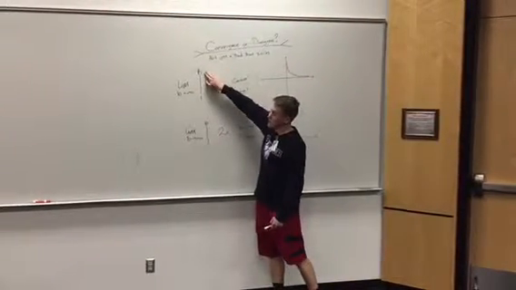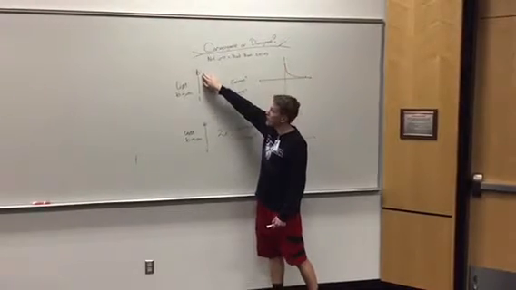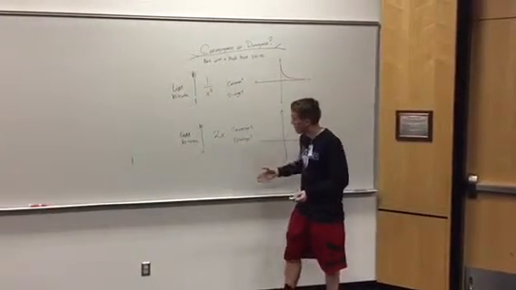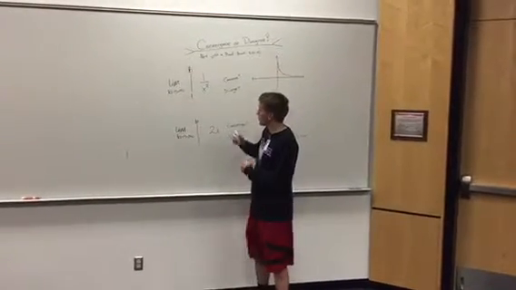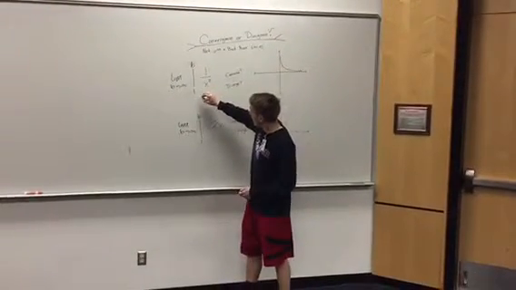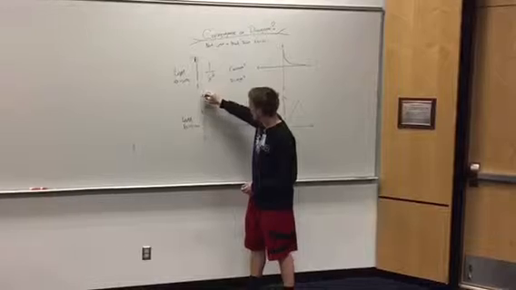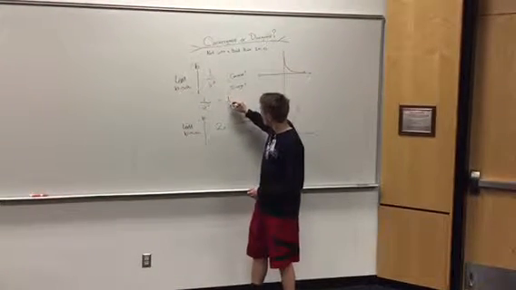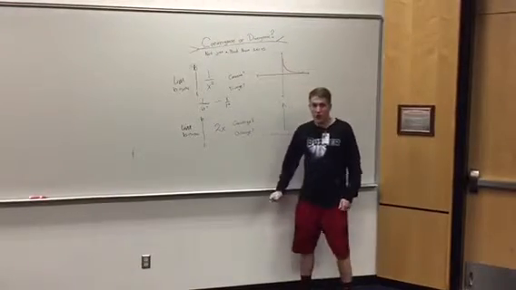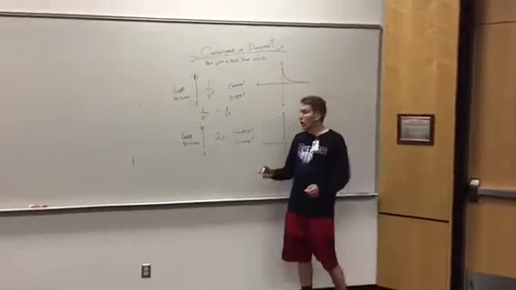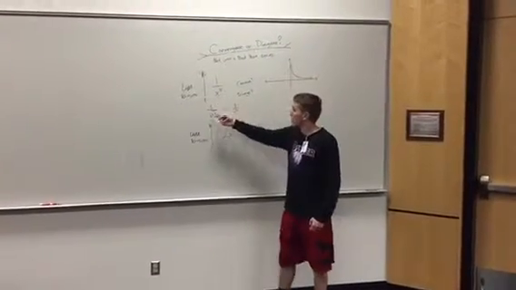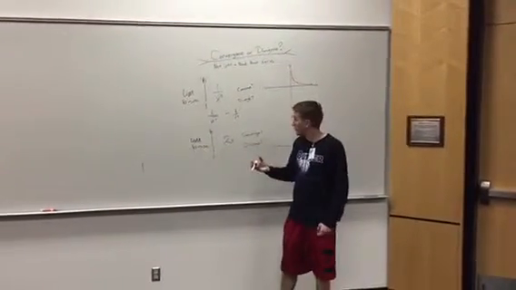You will not plug infinity back in for b, you will just treat b as an increasingly large number as we evaluate it. So, all you would do is plug in 1 over b squared minus 1 over 1 squared. So b is an increasingly large number.